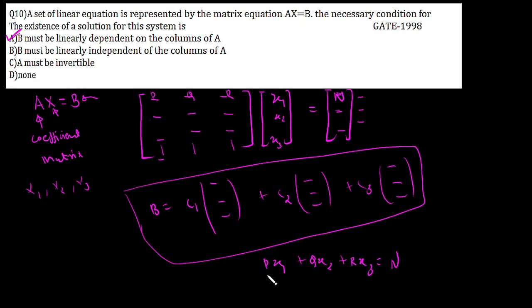So here you can see these three variables x1, x2, x3 represent scalars, and n is a linear combination of these three, p, q and r.